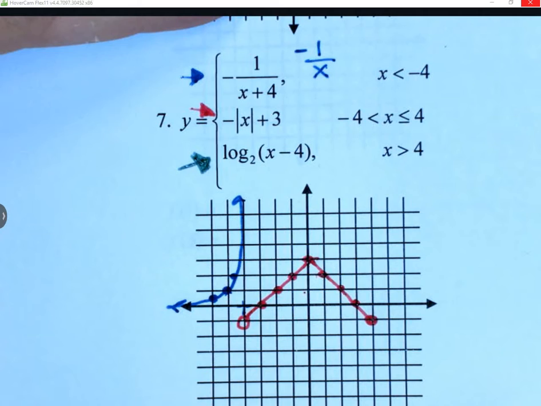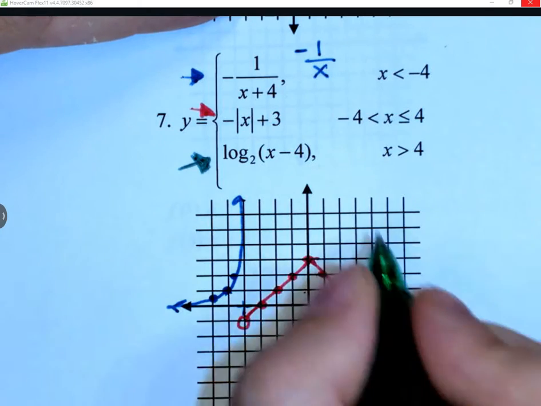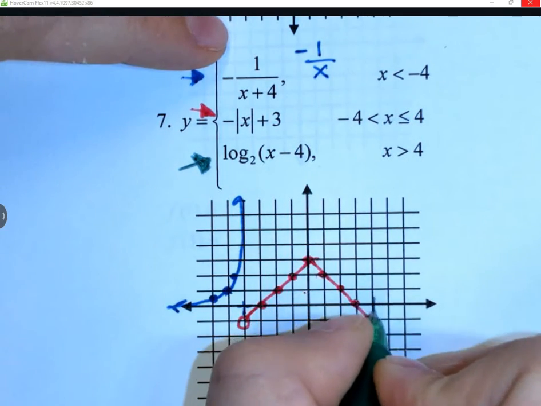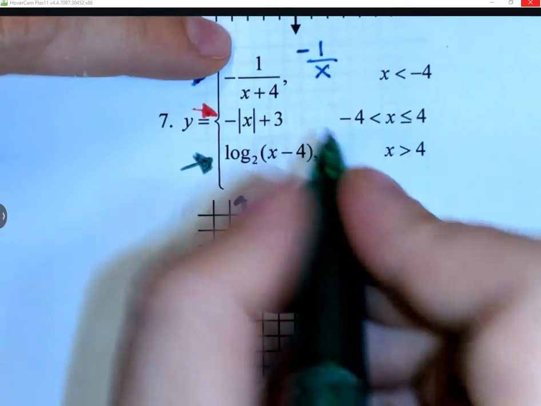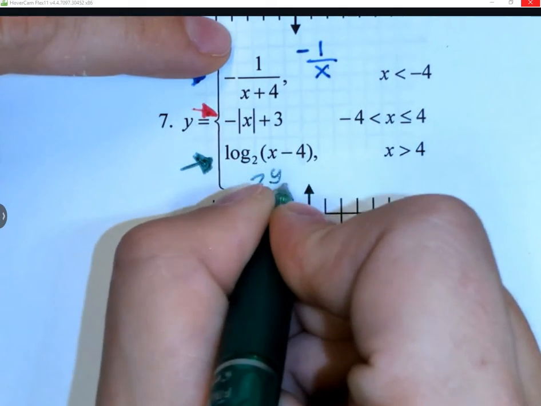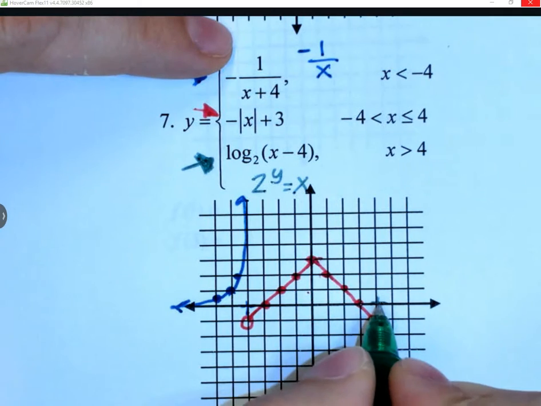And then my log function. Where's my log function going to start? To the right 4. So I'm just going to move my little axis over there. And instead of doing this, remember with log, it's much easier to think 2 to the y equals x.